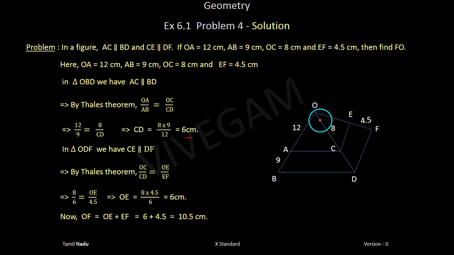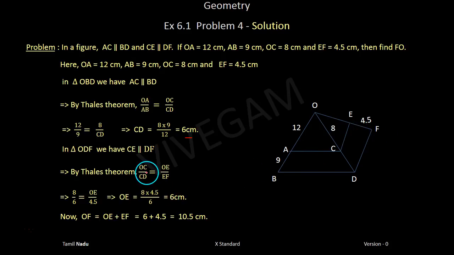Now you apply the Thales theorem again for this triangle ODF, because CE is parallel to DF. In this triangle, OC by CD will be equal to OE by EF.